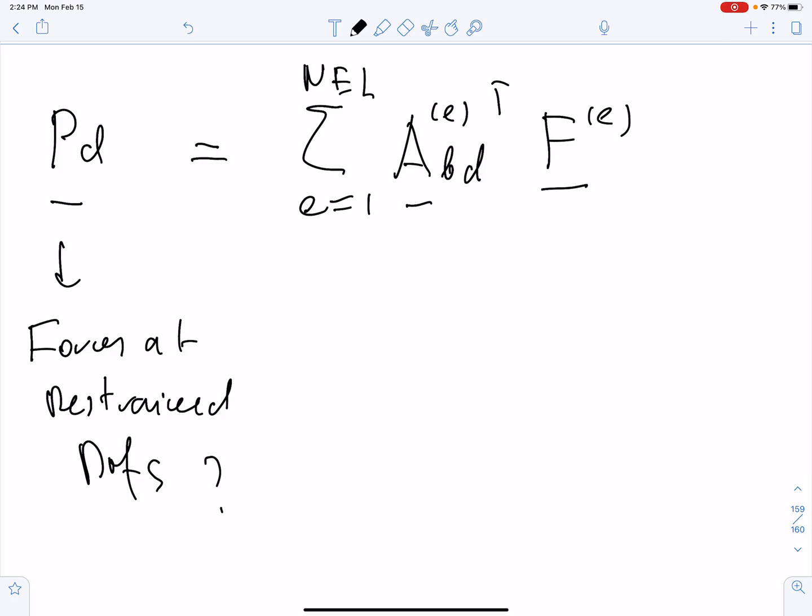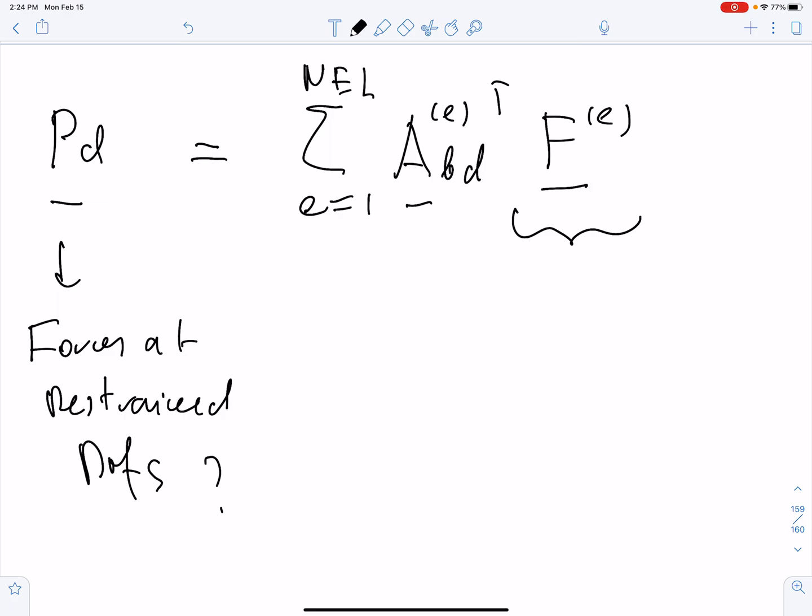So you basically need to extract from the displacements the element force. And then, once you do that, you use the Boolean matrix to place it in the correct location of PD. And then you add the next element, the next one, and you build it up this way.